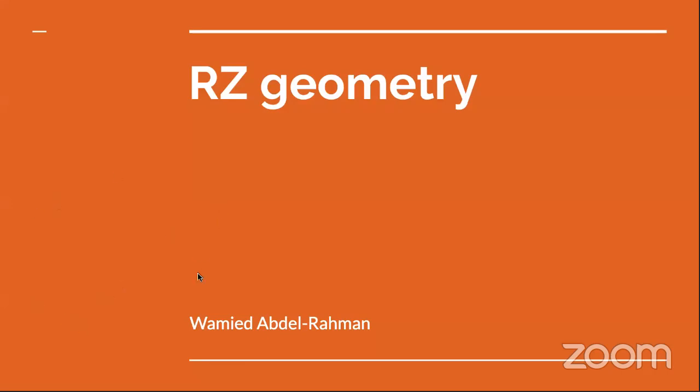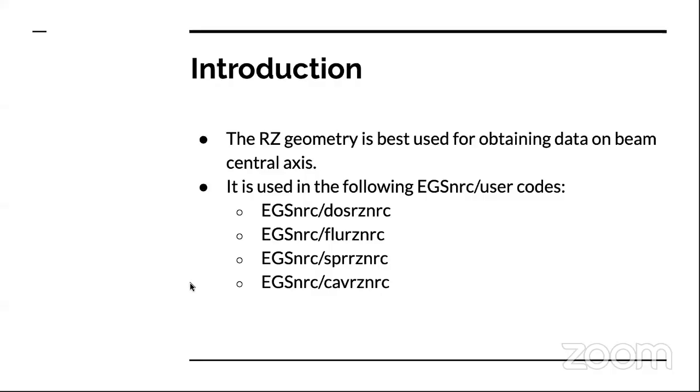Let's move the slides. Okay, so the RZ geometry is best used for obtaining data on the beam central axis. It's probably not the geometry that most of us are interested in. For example, the voxel geometry, the dosxyz, is probably more interesting for us. But sometimes you want to do calculations on just the beam central axis.